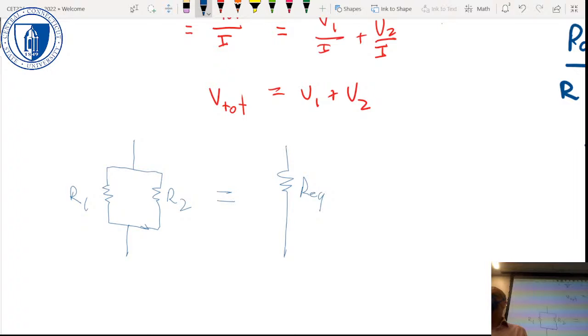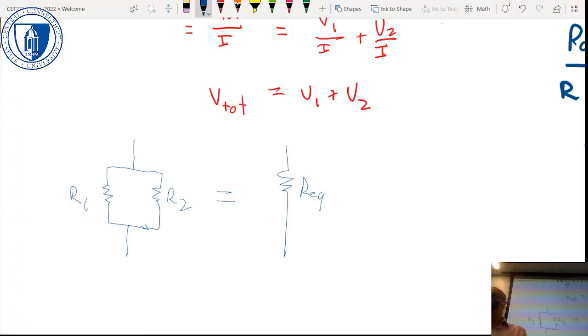So what's the same about R1 and R2 now that we're in parallel? Right? The voltage, exactly. They're connected between the same two nodes. Nodes are areas of constant voltage. So here we've got V1 equals V2. Right? So it's just V. So here we've got V equals I Req.